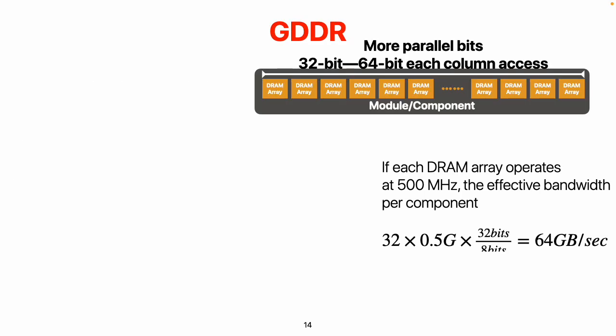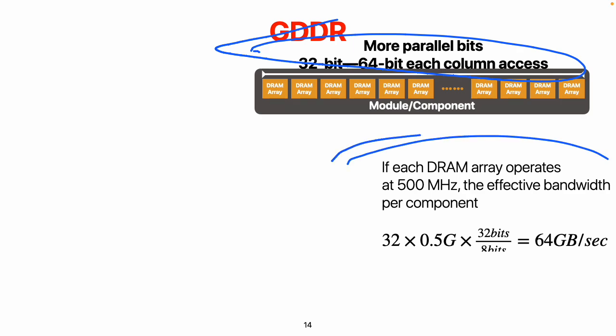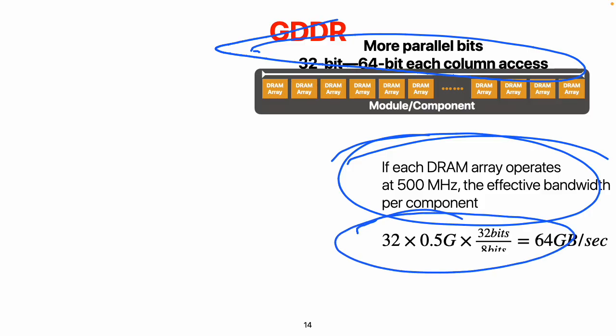First of all, instead of reading 8 bits of data at the same time, each column access is right now reading 32 to 64 bits at the same time. So what that means is that, saying that even though my DRAM is as slow as 500 megahertz, with 32-bit reading at the same time, I can already achieve 64 gigabytes per second bandwidth, right?